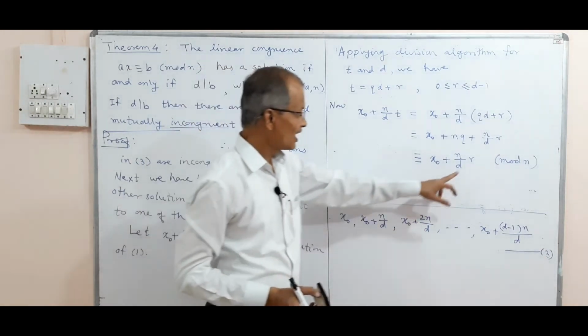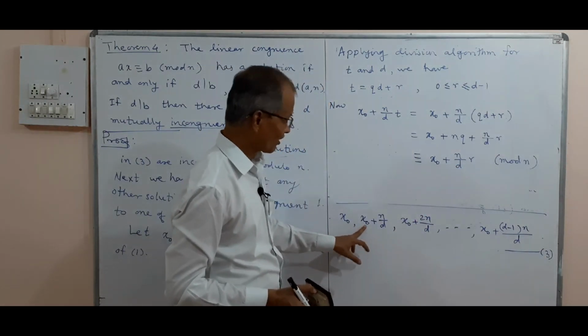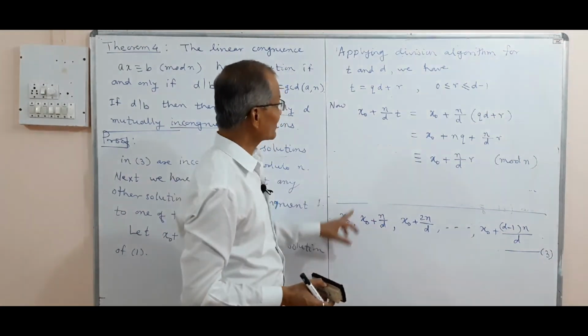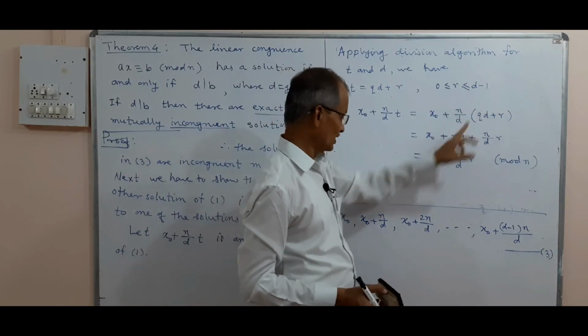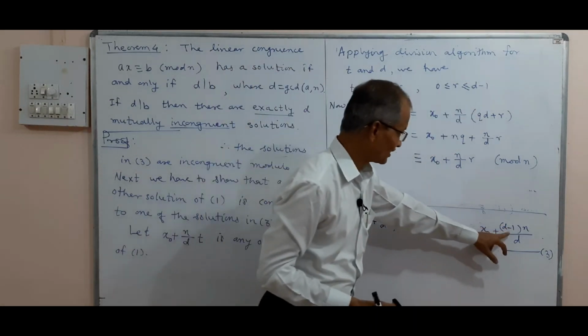Why? Because all the solutions are of the form x naught plus n by d into r, where r takes values 0 to d minus 1. Here it is 0, here it is 1, and here it is d minus 1.